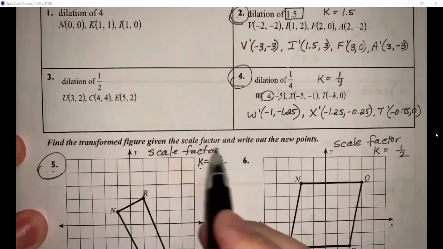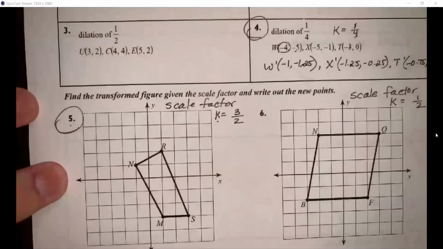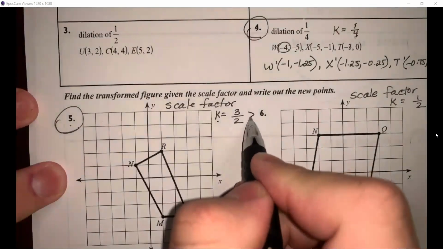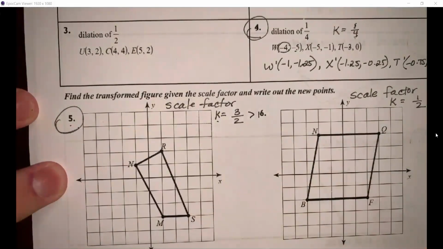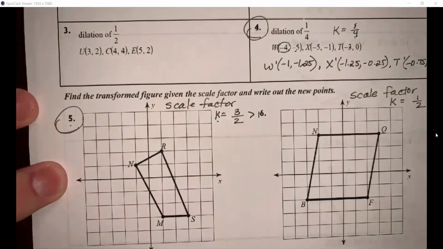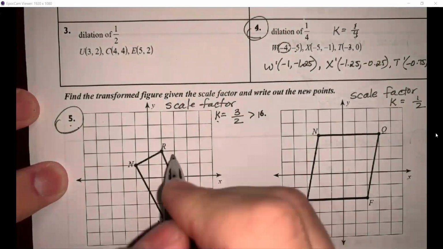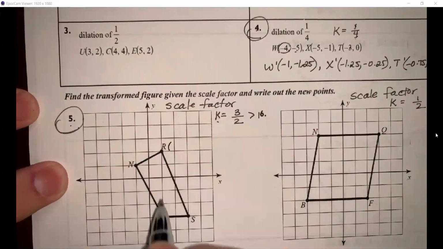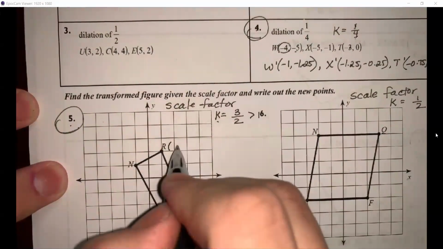All right. So if I have a scale factor 3/2, 3/2 is greater than 1, right? So what I'm essentially doing is enlarging this figure by 3/2, or some of you might think of it as 1.5. So when it comes to this problem, what I think is best to do is first label your points as the coordinates. R is located at 1, 2.